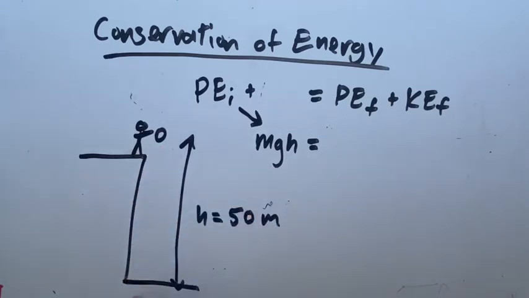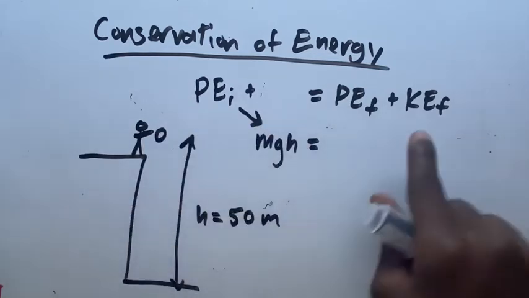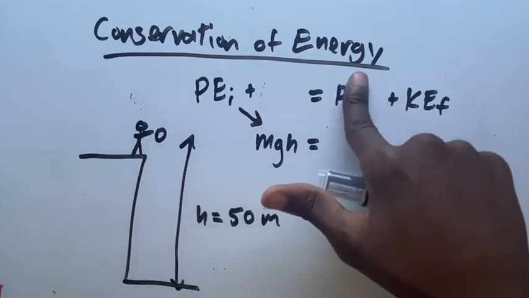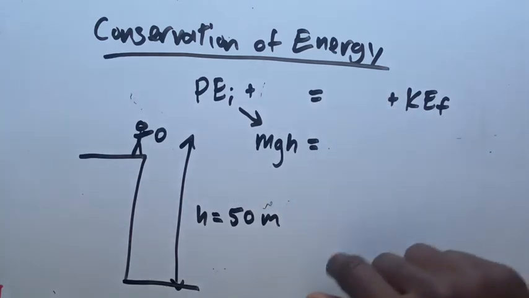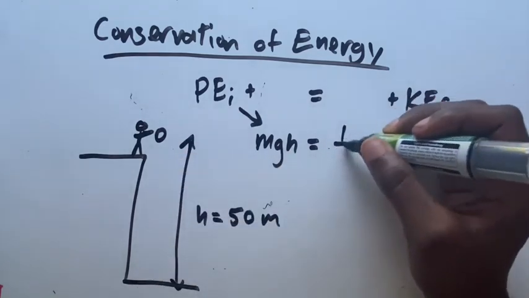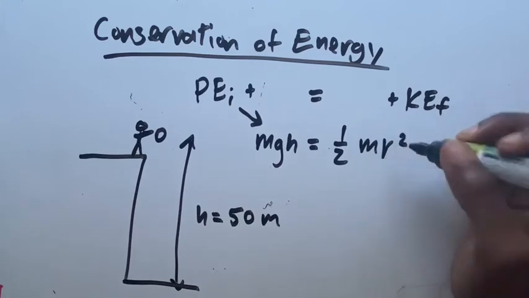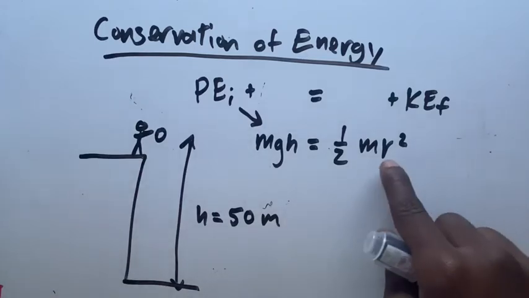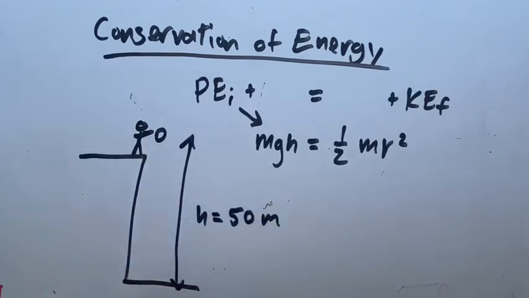Once this ball gets to the ground, the potential energy is going to be 0 because now it's at ground level. But it is going to have some kinetic energy. So we can ignore potential energy final and just look at the kinetic energy. Once it gets to the bottom, that's going to be 1/2 mv squared. Now we're trying to find this velocity once it gets to the bottom.